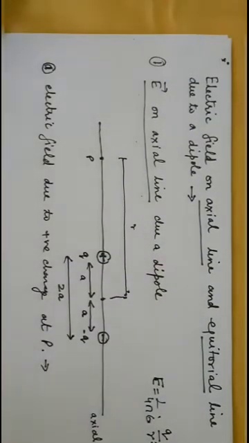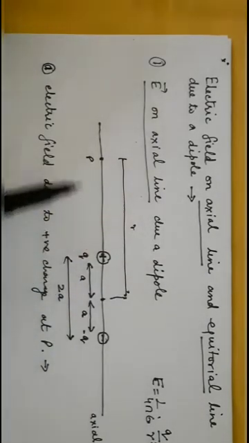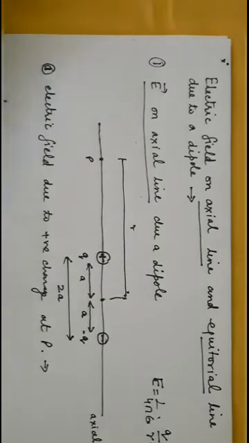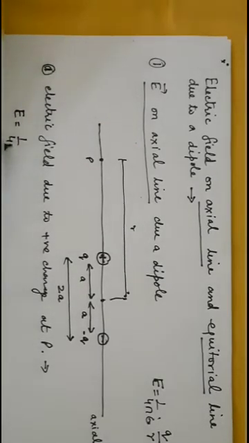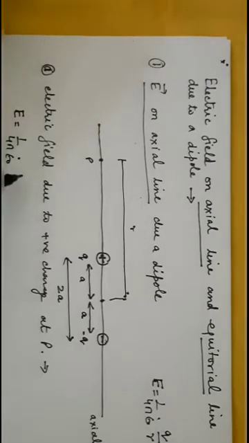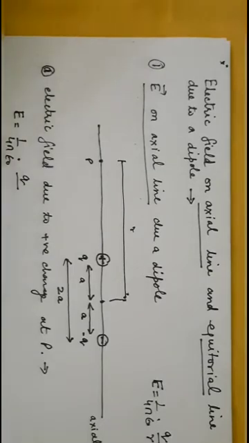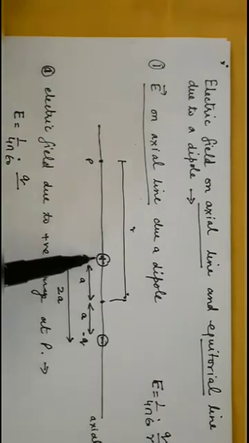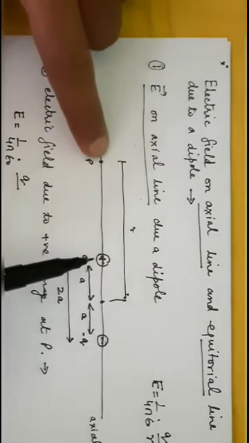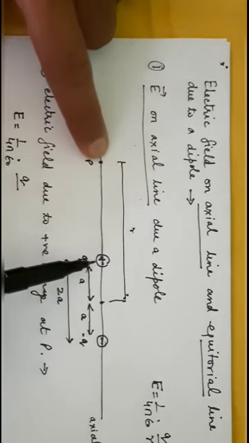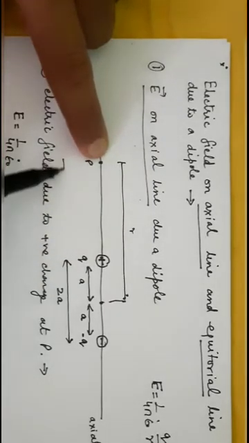Now electric field due to this positive charge at point P. According to the formula, the electric field E is equal to 1 upon 4 pi epsilon naught, magnitude of positive charge Q, divided by the distance of the positive charge from the point P where we want to calculate electric field.